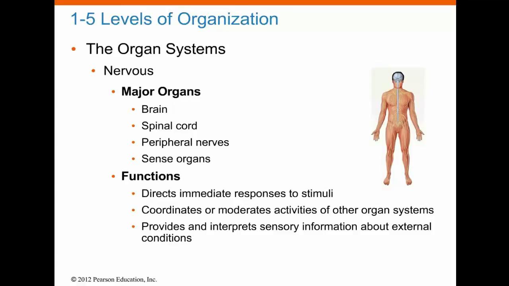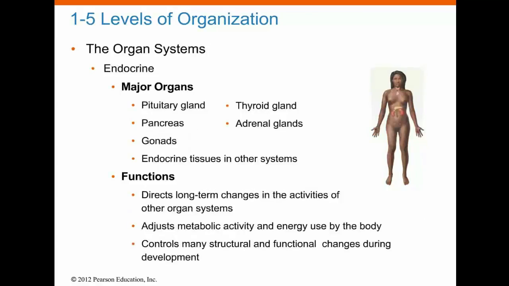The endocrine system, we'll be looking at some of the organs of the endocrine system. The organs of the endocrine system are the pituitary gland, the thyroid gland, the pancreas, the adrenal glands, the gonads, and the endocrine tissues in other organs.